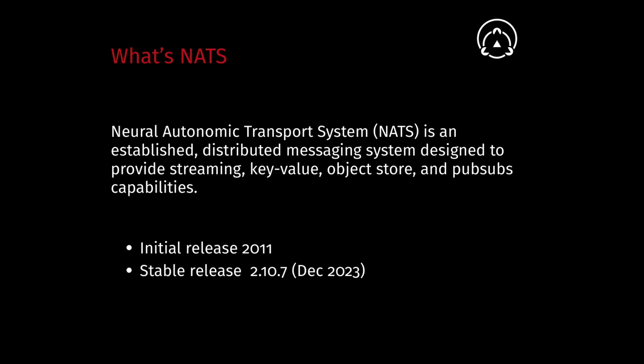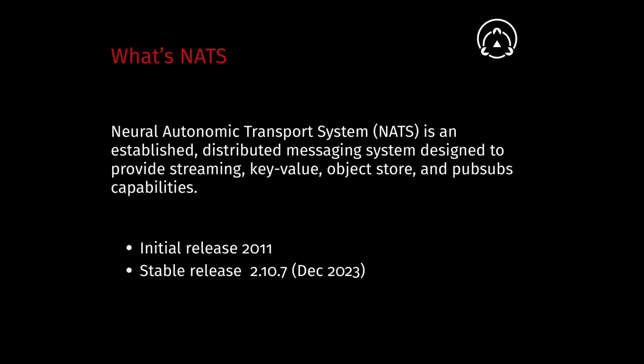So NATS, short for the Neural Atomic Transport System, kind of a mouthful, is an established and distributed messaging system designed to provide streaming, key value, object store, and pub sub capabilities. Kind of does everything. There aren't a lot of missing capabilities if you're familiar with pub sub, KV stores, object stores, streaming.